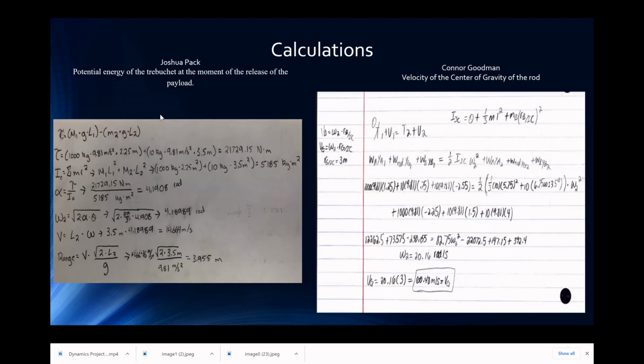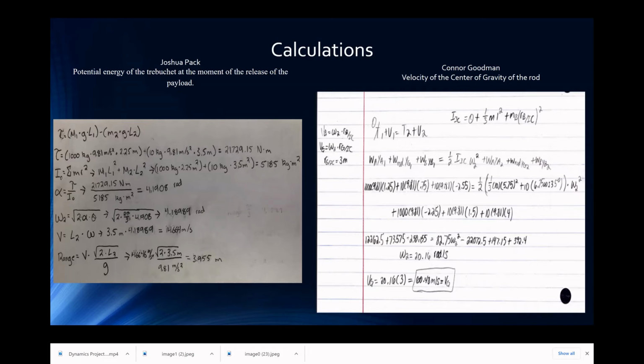I solved for the potential energy of the trebuchet at the moment of release of the payload. I did this by starting with finding the torque by multiplying M1 by gravity by L1 and subtracting M2 times gravity times L2.